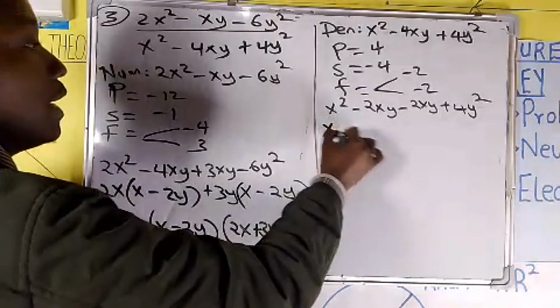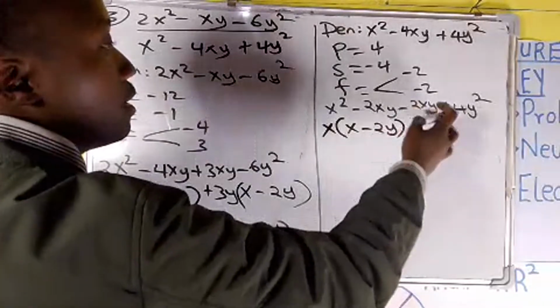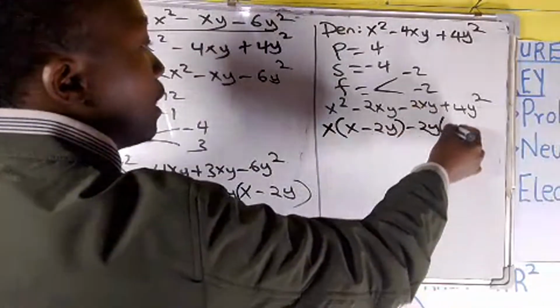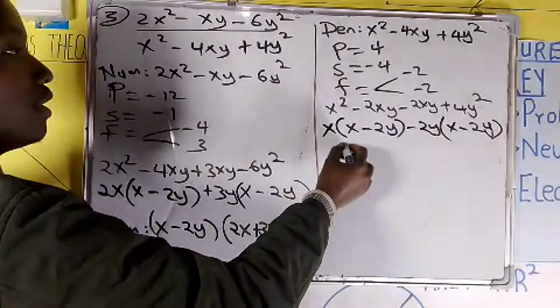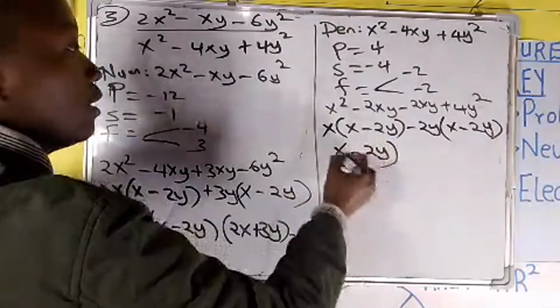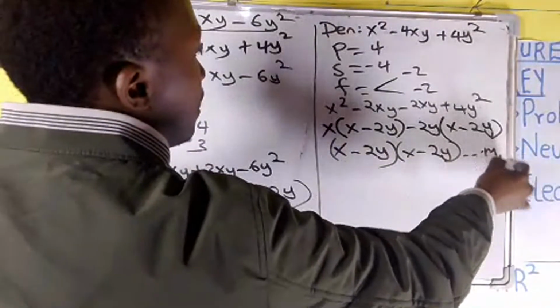So this one will be x into bracket x minus 2y. Then this one will be minus 2y into bracket x minus 2y. So in this case we will have x minus 2y, x minus 2y. That is our denominator.